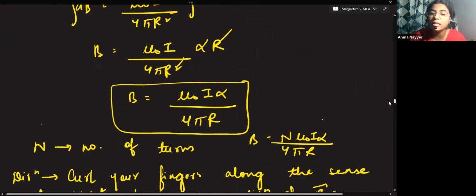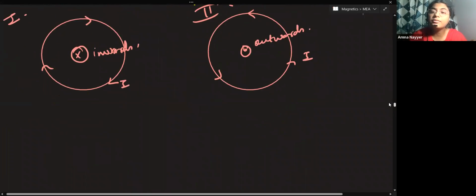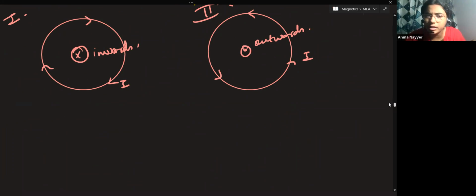And one more thing we had discussed: if you take a point on the axis and calculate the magnetic field there, the magnetic field on the axis of a straight wire, whether infinitely long, semi-infinite, or finite, at the axis the angle is 0 degrees, so sine 0 becomes 0 in your Biot-Savart law. So your complete magnetic field becomes 0.